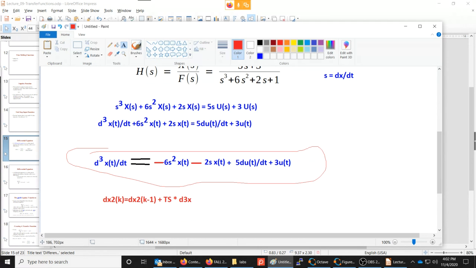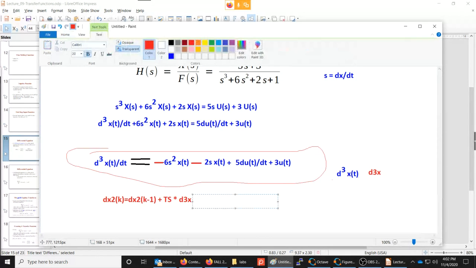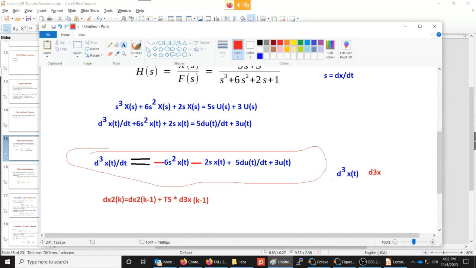What I'm doing is saying that this bit right here is d3x. So this here is my d3x, and so on. So these are the same thing. And of course there's a k minus 1 piece going in there.